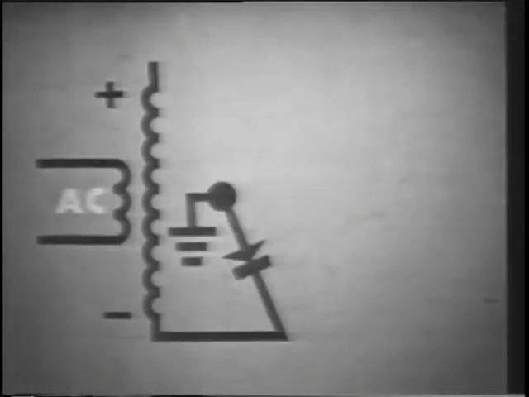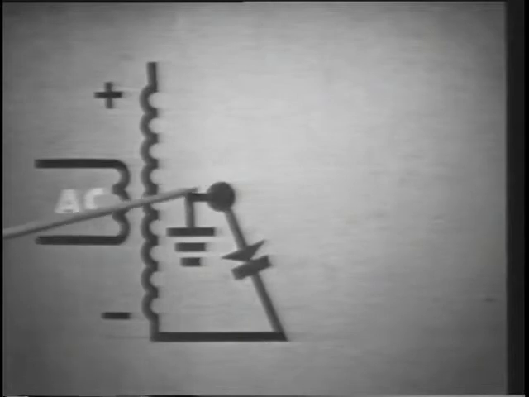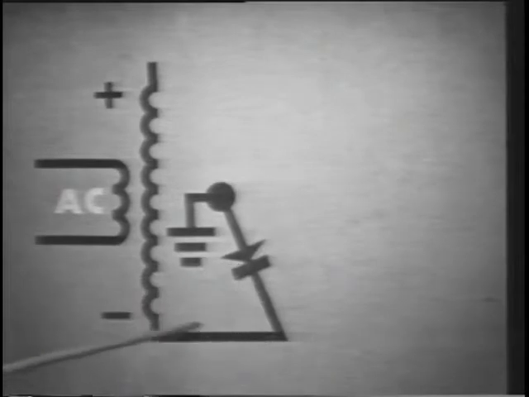First, let's see how the ground is switched. With this polarity on the secondary, we must connect the bottom or the negative end of the secondary to ground. Now this diode is connected so that its collector is always at ground potential. In order for it to allow current to flow, its emitter must be negative with respect to its grounded collector.